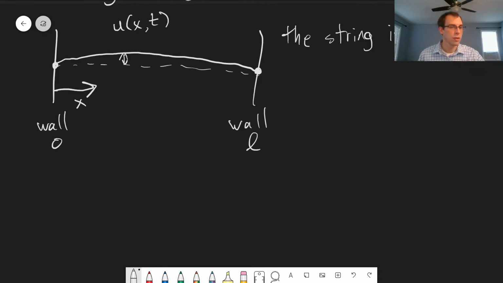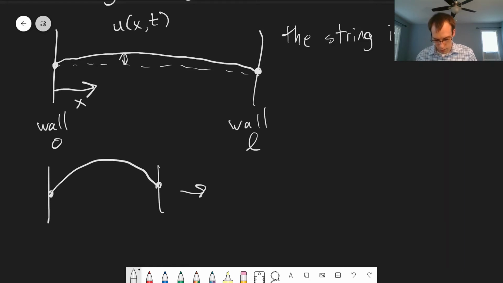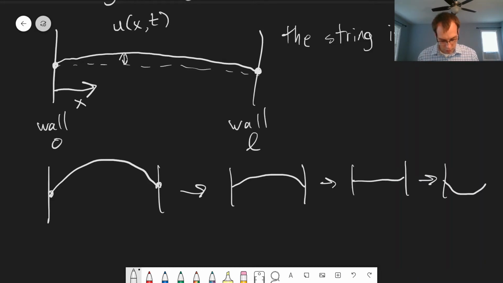There are many possible solutions. For example, one possible solution that we'll see is that the string can start vibrating upward, and then over time move downward until it's even and starts going downward.